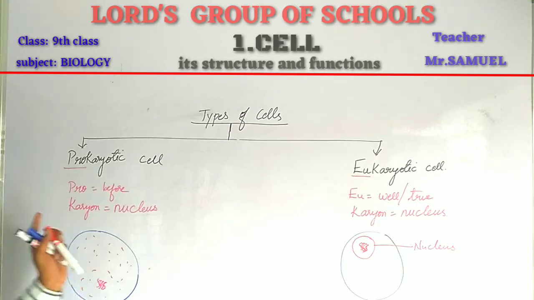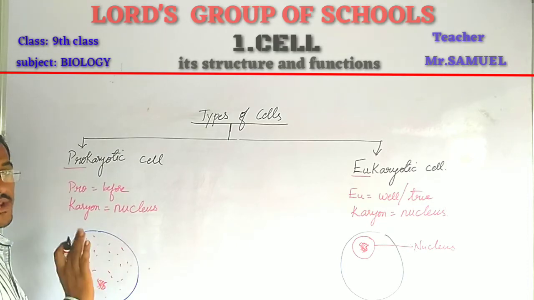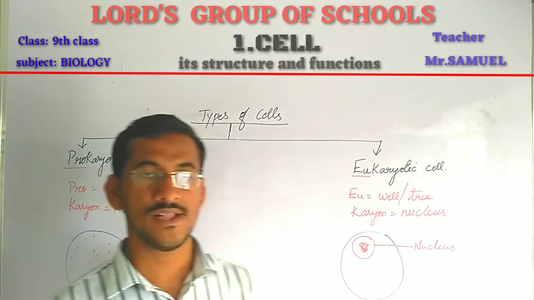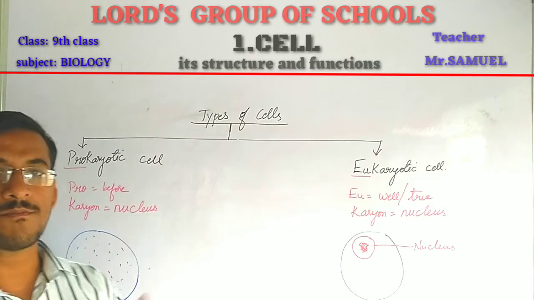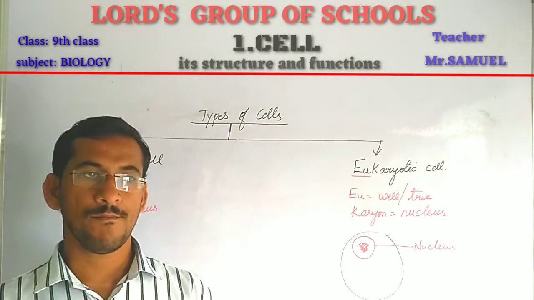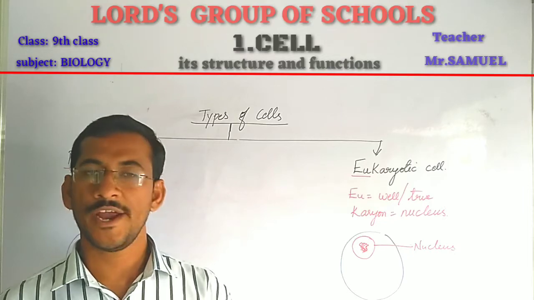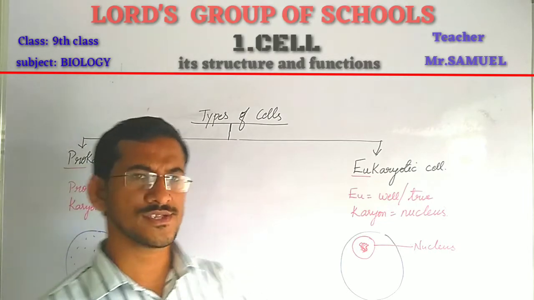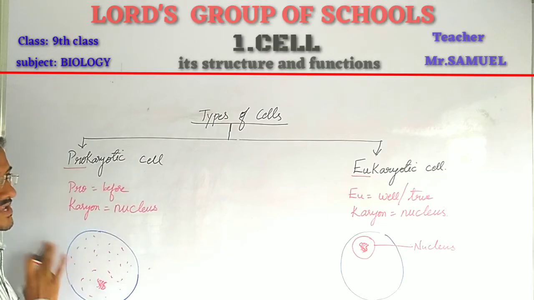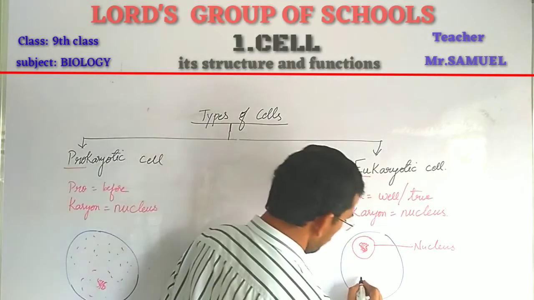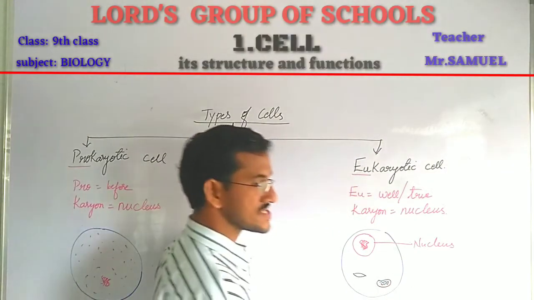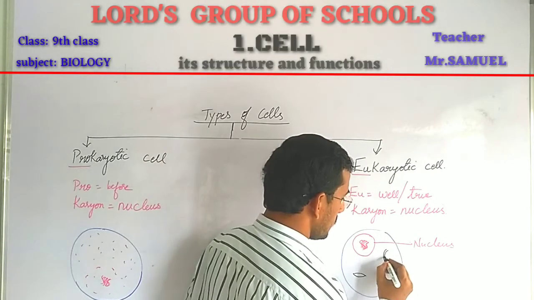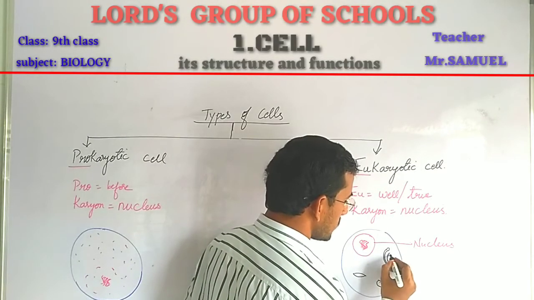And one more difference you can see here is, membrane bound structures or organelles are absent in case of prokaryotic cell. What are membrane bound organelles or structures? Mitochondria, chloroplast, endoplasmic reticulum, Golgi body. These are all absent in case of prokaryotic cell. But in eukaryotic cell, chloroplasts are present, then mitochondria are present, and Golgi bodies are present.